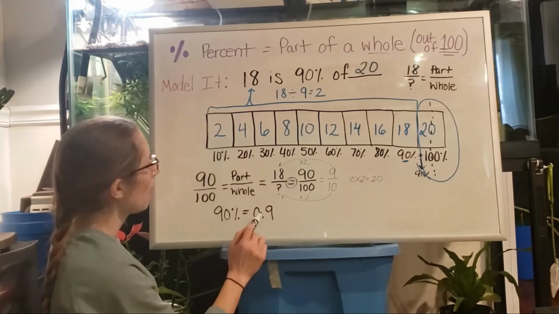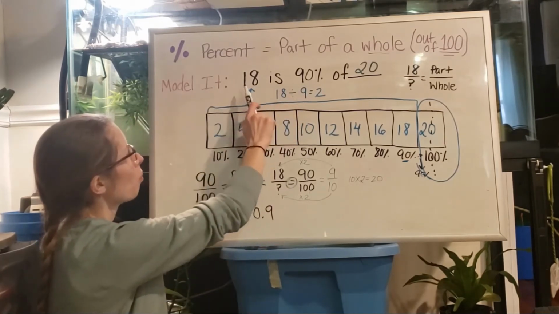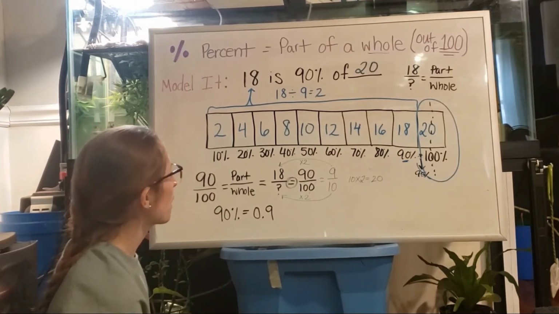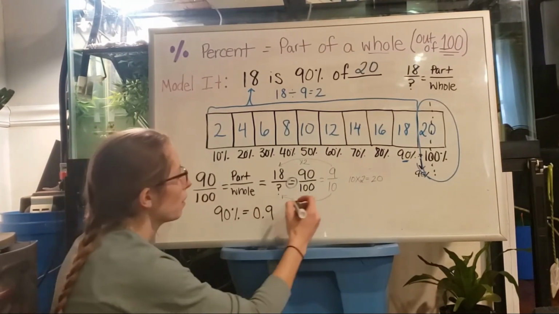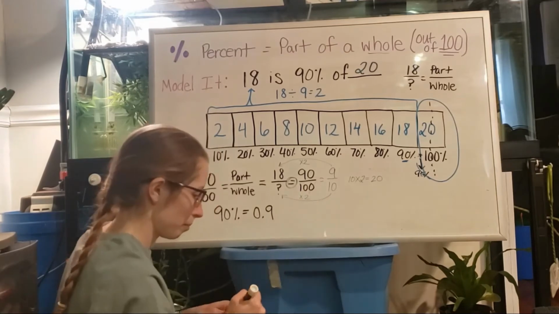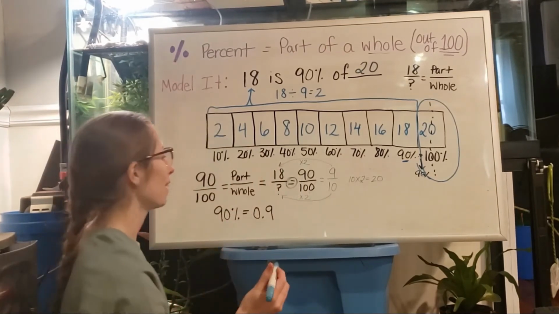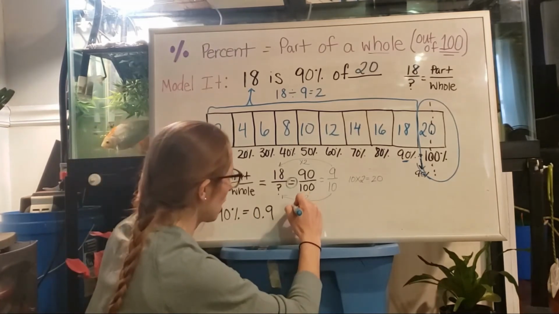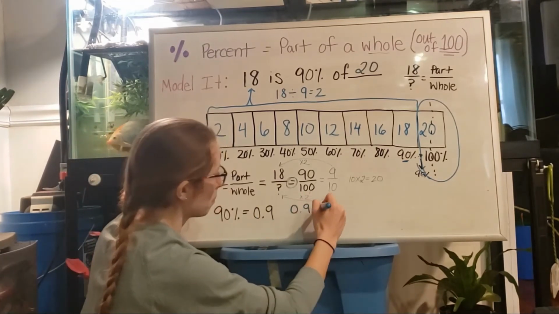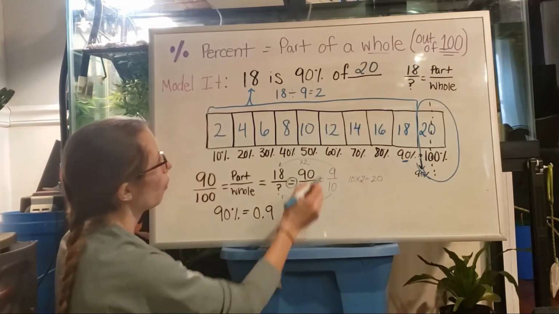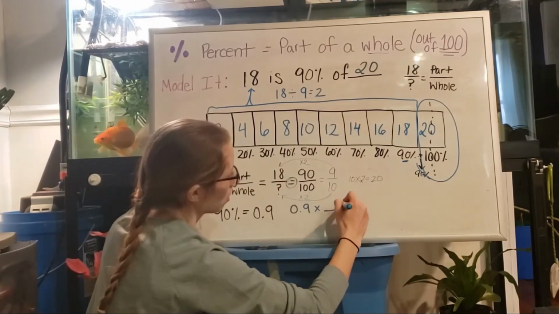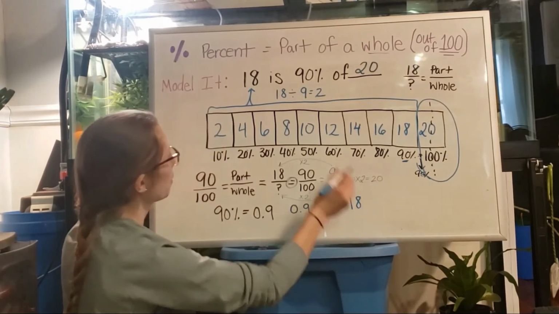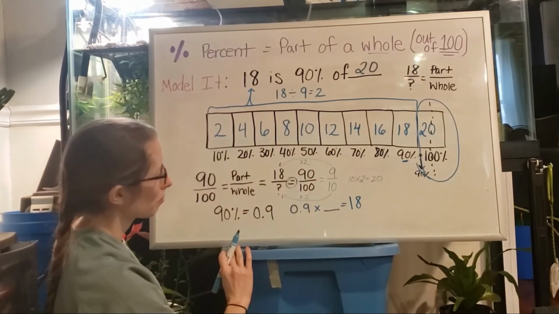So if I want to figure out what my whole is, there's 2 ways I can think of it. The first way is I can say, well, I know that I take a decimal, 0.9, and I multiply it by the whole. And that would give me the percent, 18, or the amount that the percent is, 18.